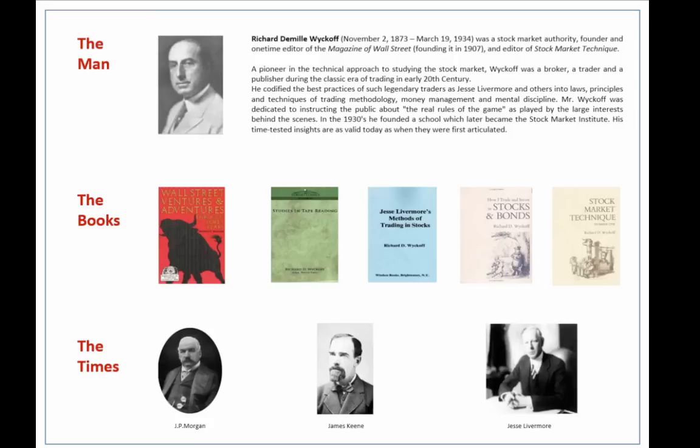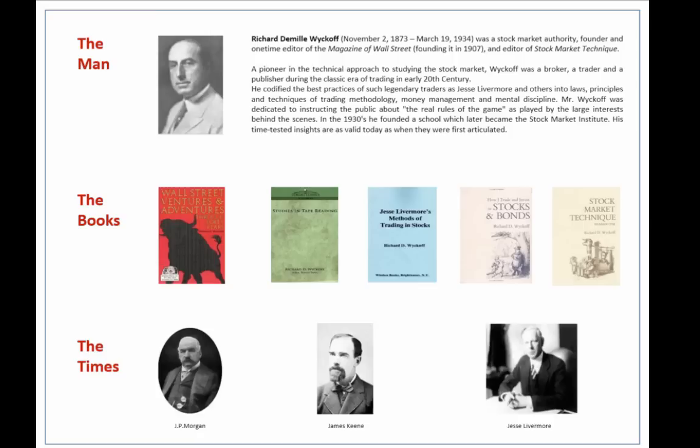A lot of modern technicians, when I talk to them, they actually all refer to Wyckoff original work, and a lot of the indicators that they create are based on those ideas that Wyckoff developed. Wyckoff was a contemporary to a lot of great technical analysts of the time, like Gann, Elliott, Edwards, and McGee.